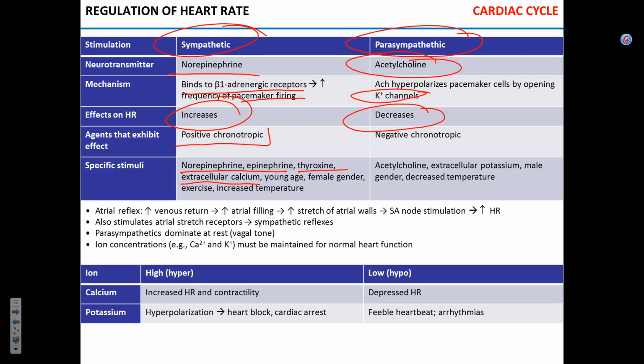So if you inject calcium IV, you will elevate both heart rate and stroke volume in a patient, because it's both a positive ionotropic and positive chronotropic agent. Negative chronotropic agents, the ones that decrease heart rate: acetylcholine and extracellular potassium. Those two I want you to know.